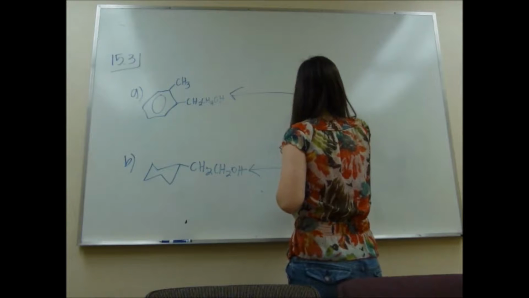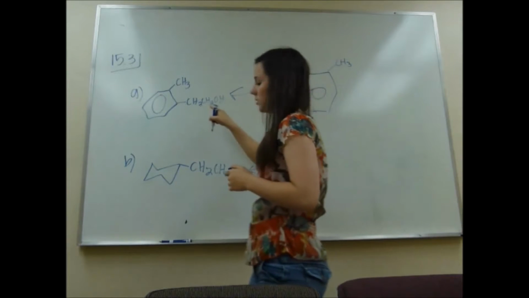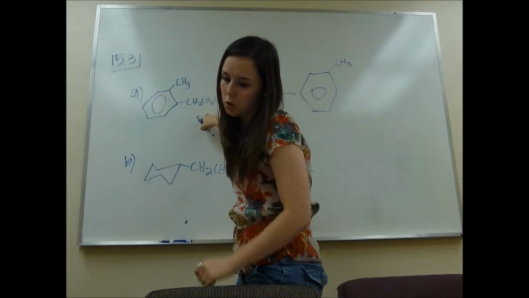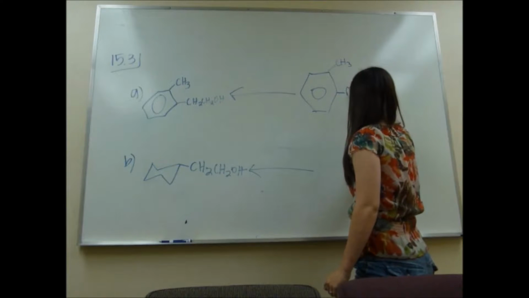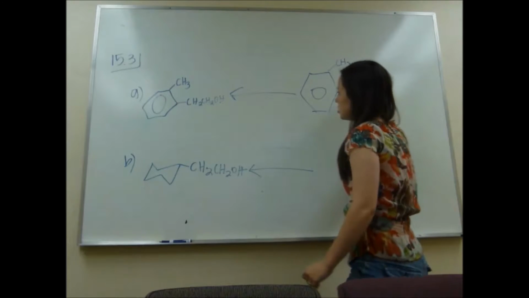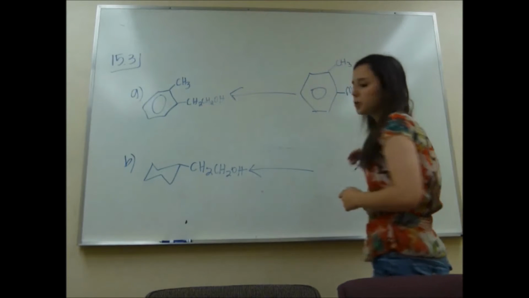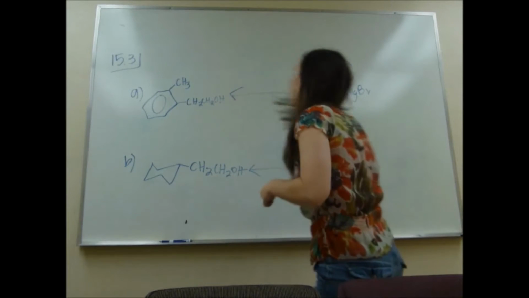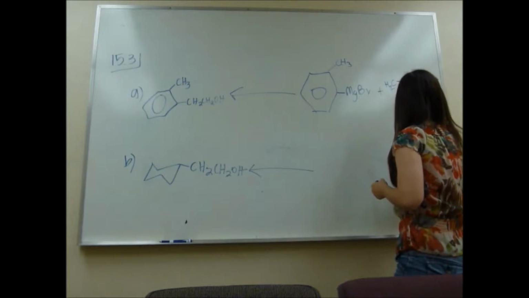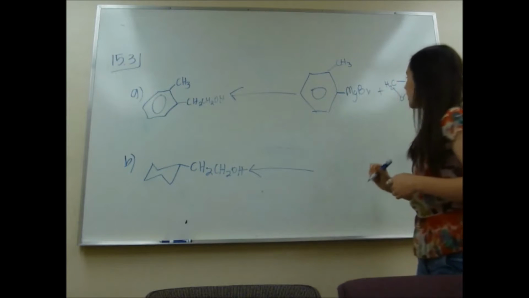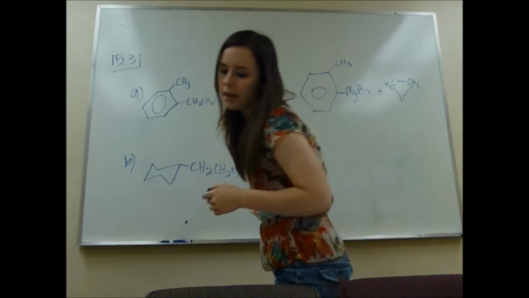CH3 is going to stay the same, and instead of CH2CH2OH, we're just going to use a Grignard here. So it's going to be MgBr, and we're going to get these two carbons using the epoxide. So we're going to react this with ethylene oxide, which is like a little triangle, and we use diethyl ether and H3O+.